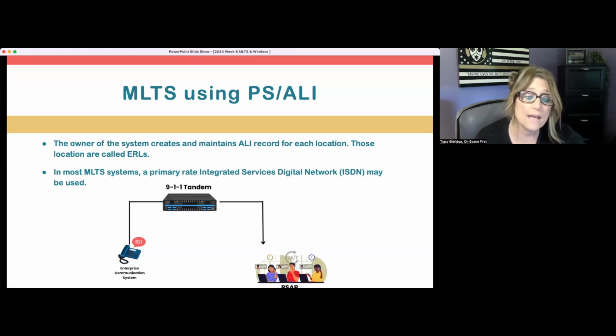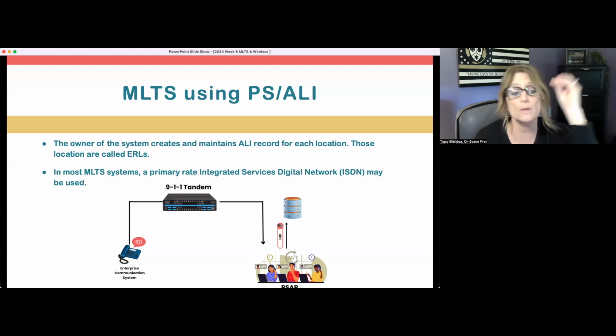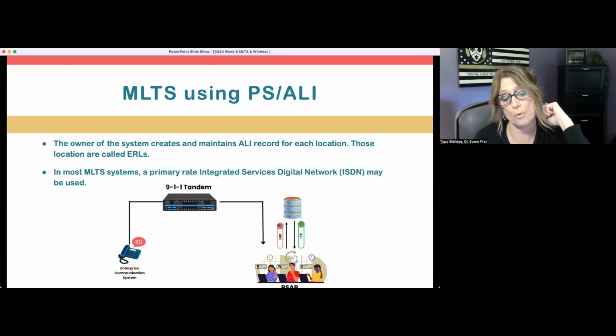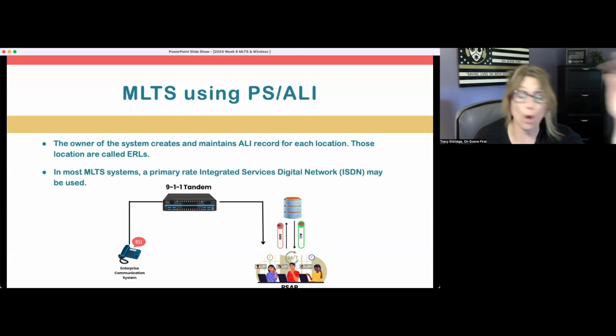So our call is going to happen. The 911 call gets placed, goes to the tandem as it normally would, and gets the call to the PSAP it's supposed to go to. The phone number gets parsed out and sent to the ALI database, and the ALI is going to get pulled back. Without the PS-ALI, all we're getting is the main location.